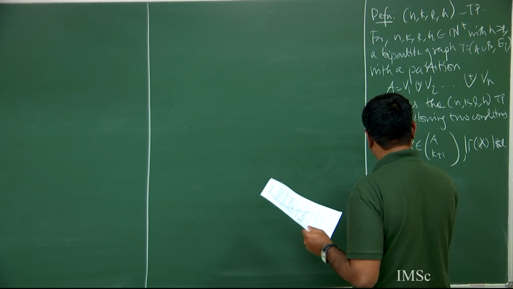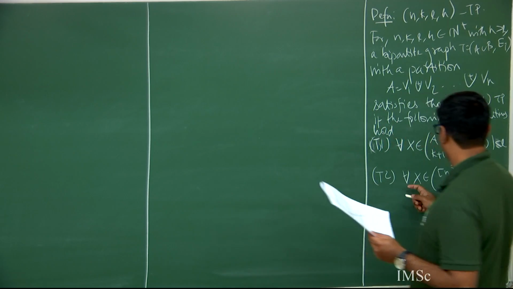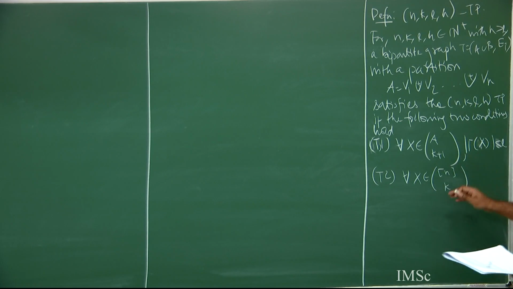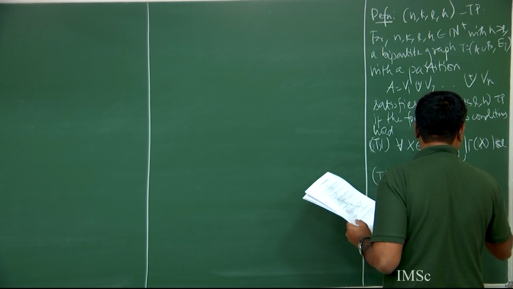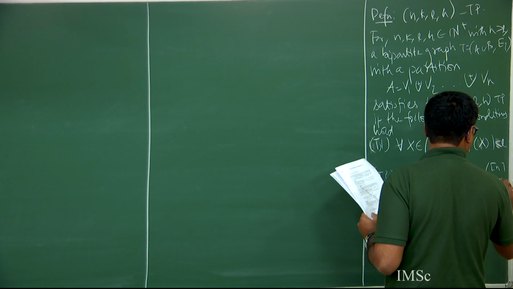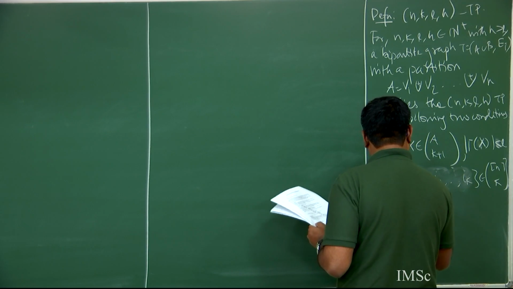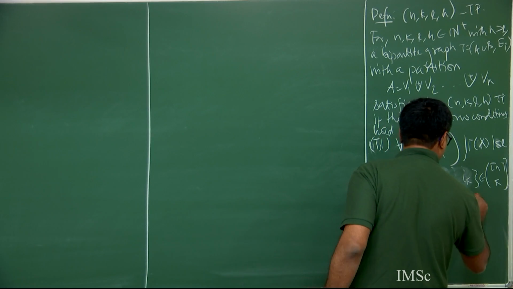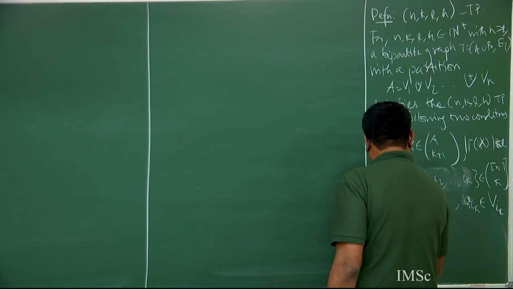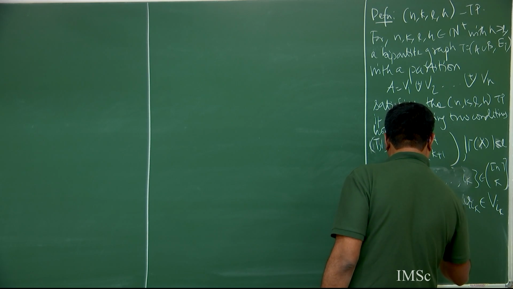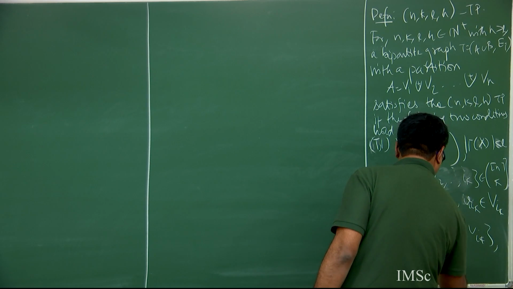And T2: for all indices i_1, i_2, ..., i_k, there exist v_{i_1} in capital V_{i_1}, ..., v_{i_k} in capital V_{i_k}, such that x equals (v_{i_1}, ..., v_{i_k}) and gamma of x is at least h.